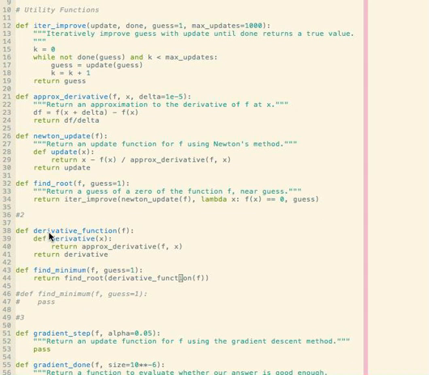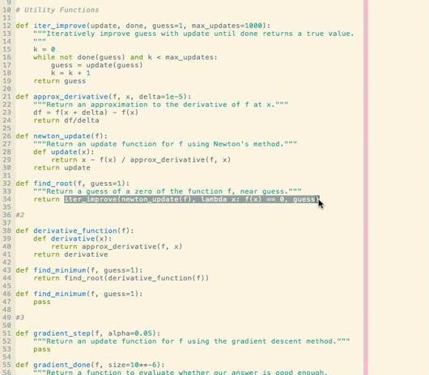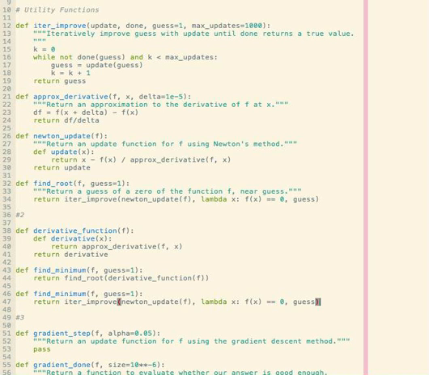Okay, now if you came to the review session, I gave a different solution that used the iter_improve function instead of directly using the find root function. And what I was doing there is essentially I was taking this expression here, and what I put here was the derivative function of f.